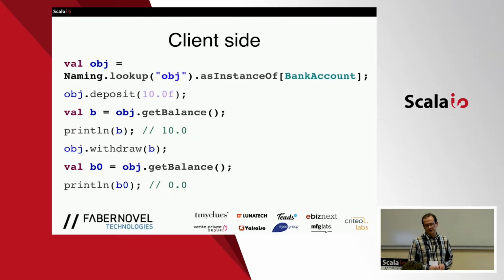On the client side, what you do is Naming.lookup. Then you have to cast it into our remote interface. And then you can call methods just like you are on the server side.